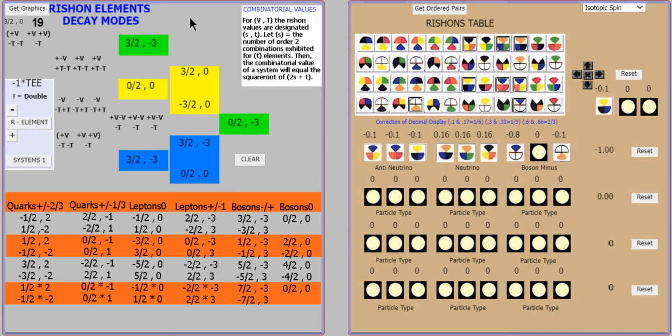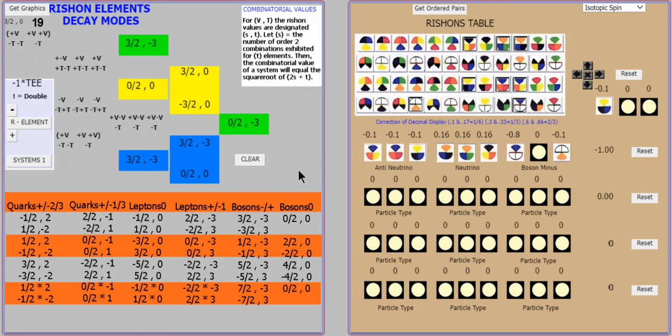As you can see over here, we have the anti-V self-relating assembly and the anti-T self-relating assembly associated with 3/2, comma, -3.